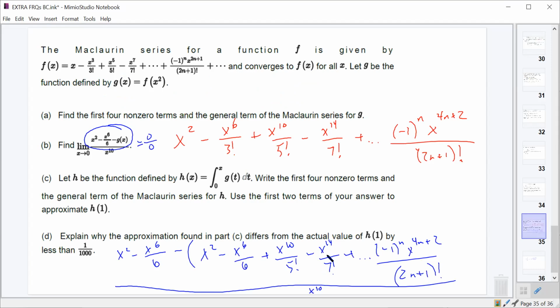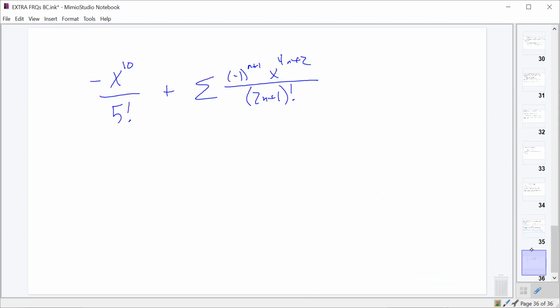We need to start at n equals 3, because n equals 3 is going to give us a power of 14 here. We're at x to the 4n plus 2. And this is still all over x to the 10th.